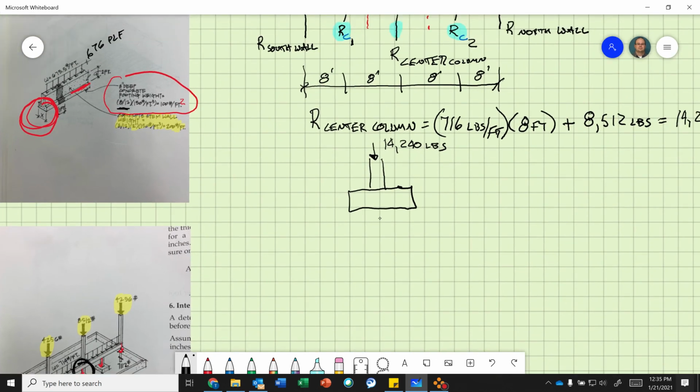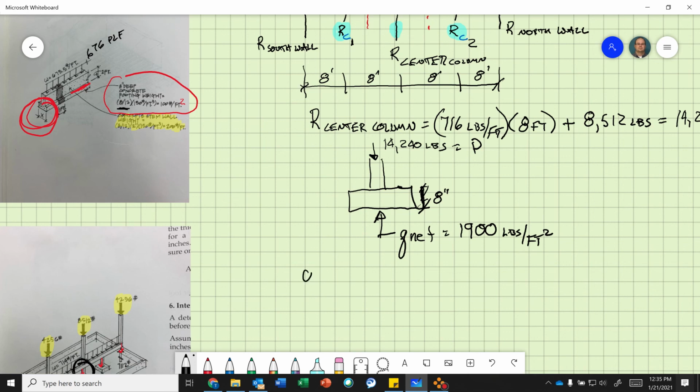Okay. So what else do we know? We know Q net because we already solved this, right? We're assuming an 8-inch thick footing. Q net equals 1,900 pounds per square foot. This equals our P, so we need a square footing.